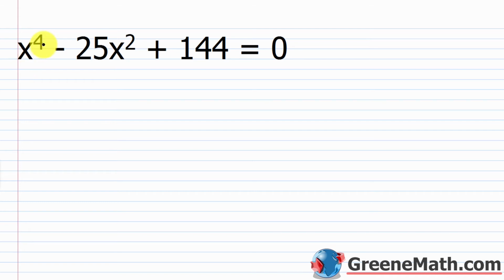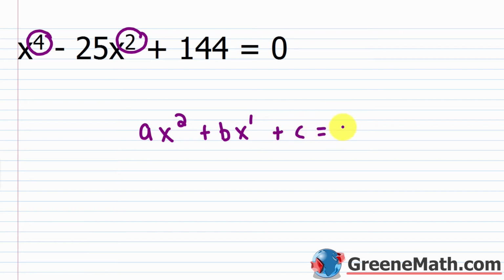So we have x to the 4th power minus 25x squared plus 144 is equal to 0. I want you to notice here how the smaller exponent on x is a 2 and the larger exponent on x is a 4. Generally, when we work with a quadratic equation, you have ax squared plus bx to the 1st power plus c is equal to 0.